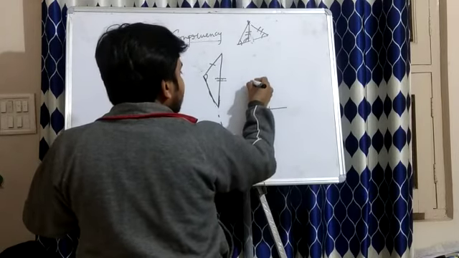So there is only one way to connect these two sides is by this. So this is a special case of SSA, which is written as RHS, right angle hypotenuse side. This right angle is A, hypotenuse is side, and this is side, ASS.